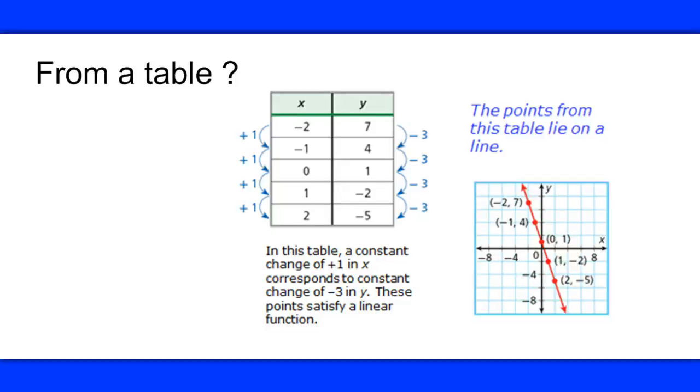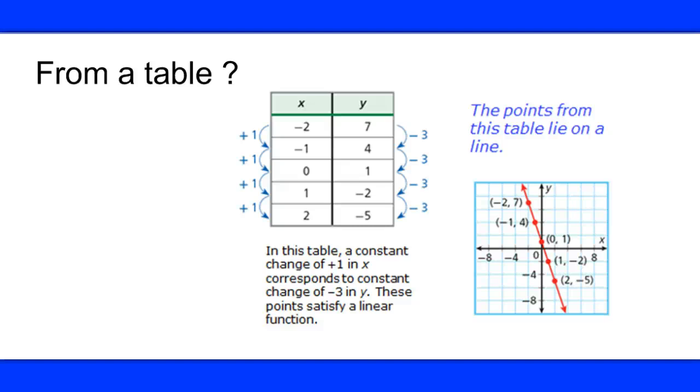The next way is by a table. We talked before about an arithmetic sequence, which is a constant rate of change. From a table, you will see a constant change in both the x and the y.